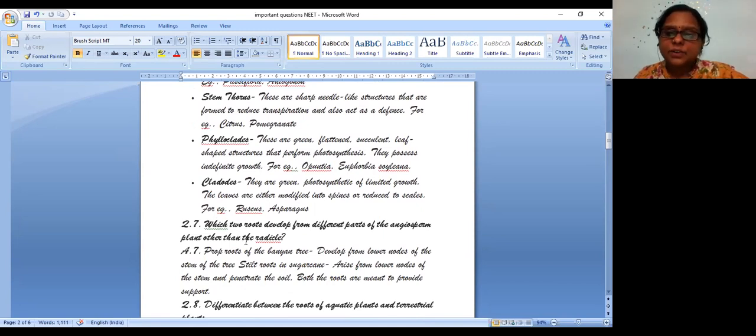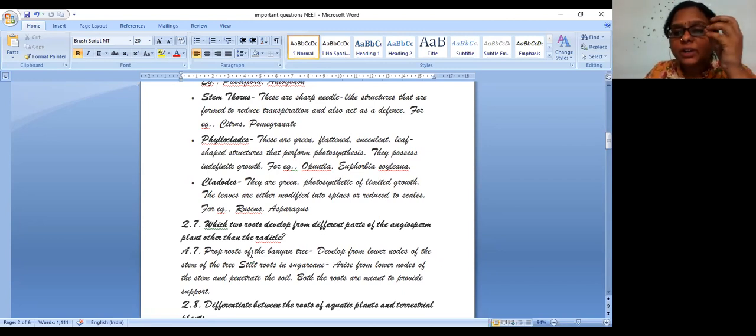Which two roots develop from different parts of the angiosperm plant other than the radicle? This I'll be taking in the seed portion. You know, students, when you put the seed inside the soil, it gives rise to a new plant. When you germinate the seed, you can see that after one or two days some white color thing will arise from the top and the bottom.